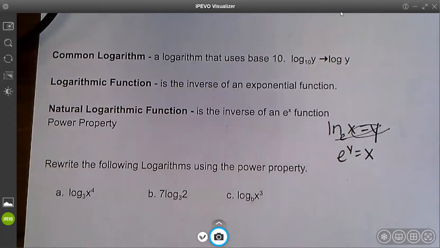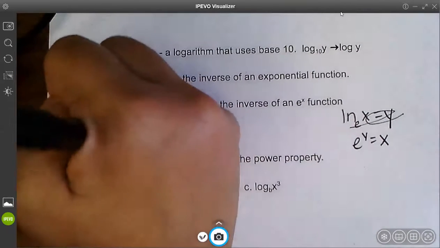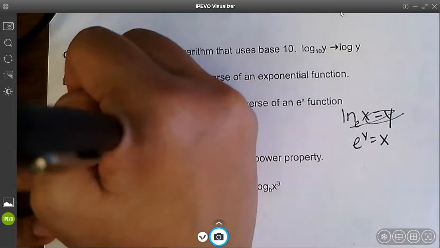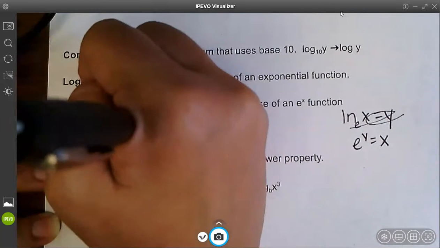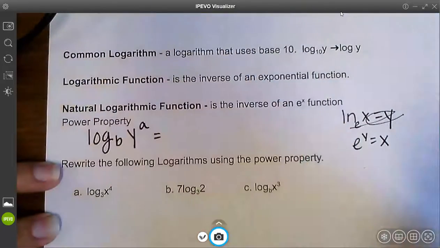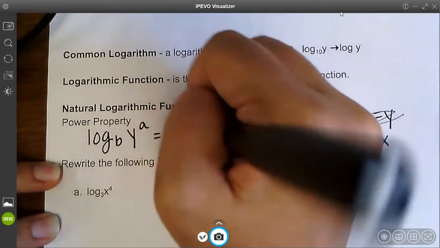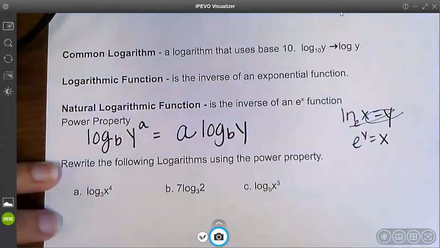Rewrite. So the power property of log is when you have log base b of y to the a power. So if you have an exponent inside your log, the power property says that you can bring that out front. A times log base b of y.